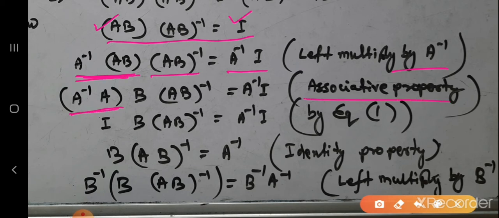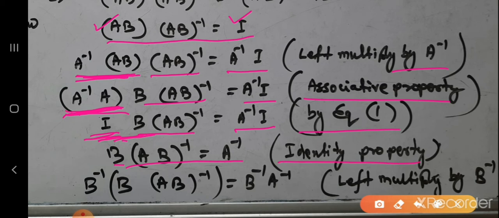You see here A inverse A from equation number 1, or by the inverse part, this will be I. Then the remaining are the same. Now I will multiply with B, and by the identity property IB will be B. Then the remaining are the same. So B (AB) inverse equals A inverse.